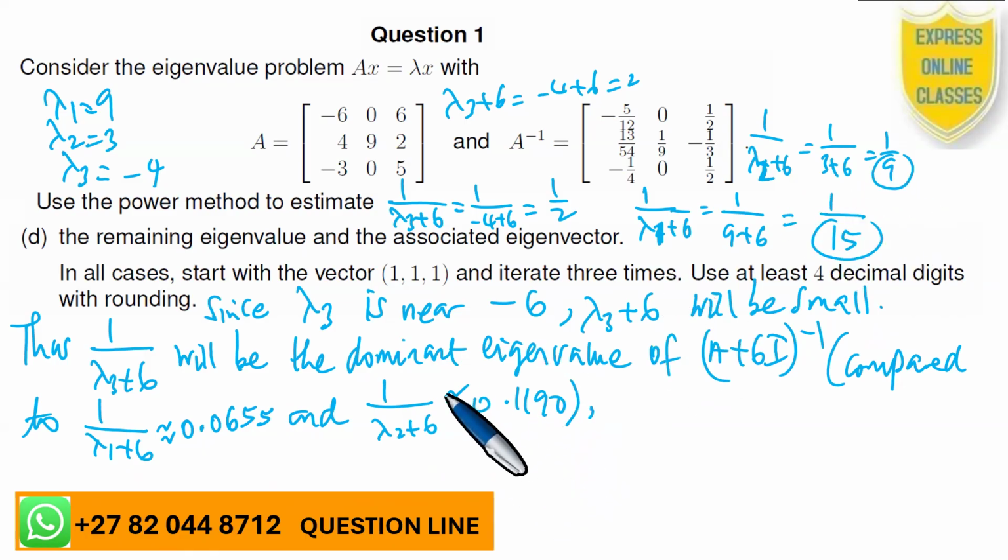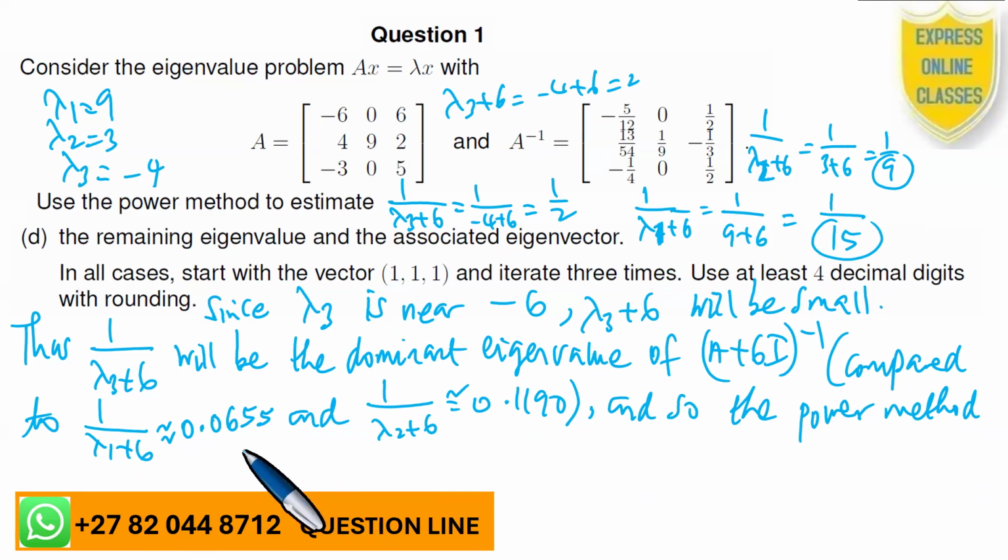Now, what is the meaning of all these things here? And so the power method, which has been much of great delight here, can be used to find it.